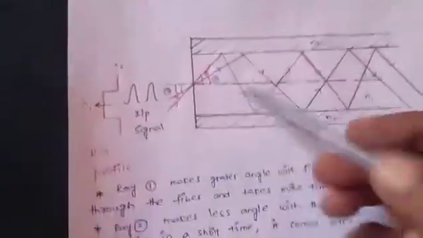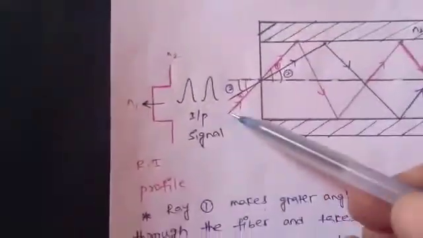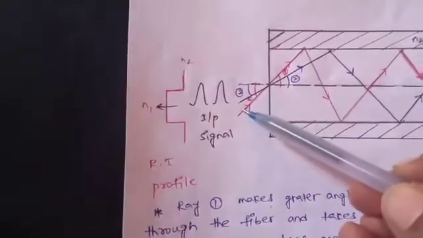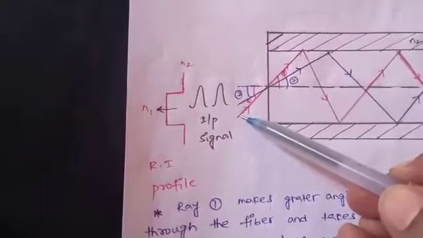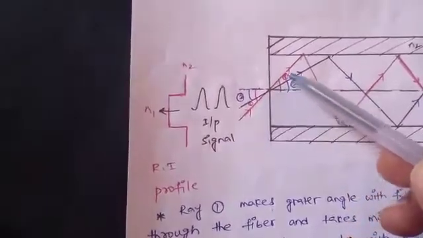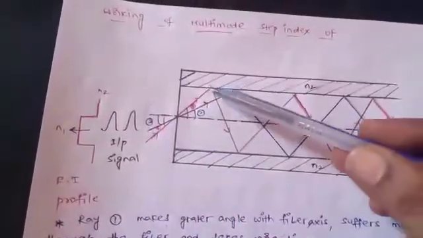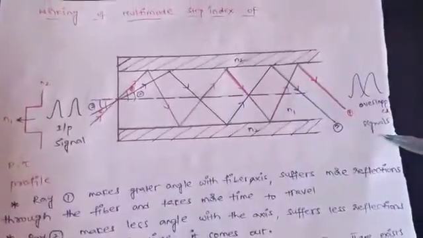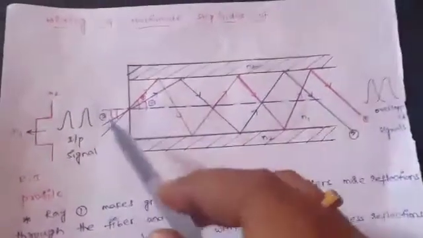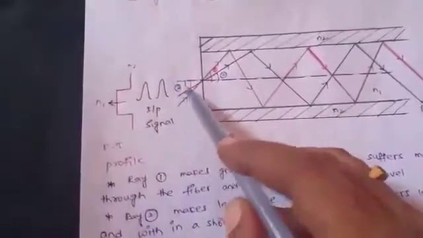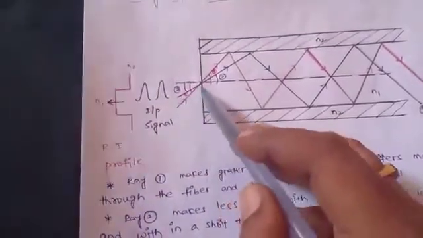So here first we take ray 1, which is in red color. Ray 1 is incident with an angle 1 and it suffers total internal reflection and the output comes like this. At the same time we are sending the second pulse also, that is ray 2.